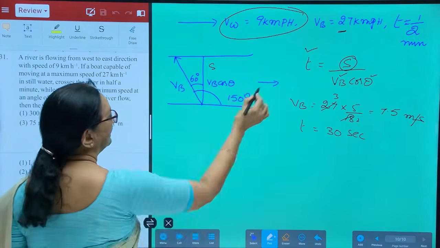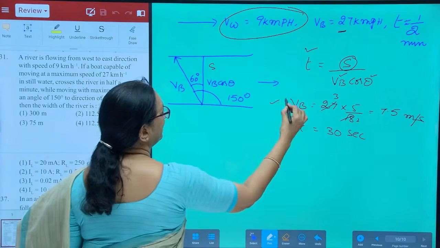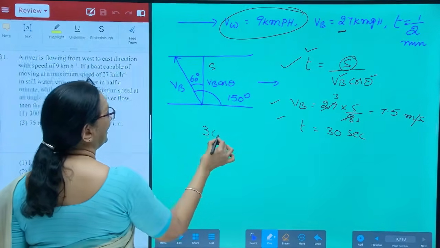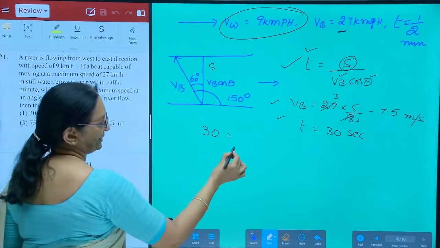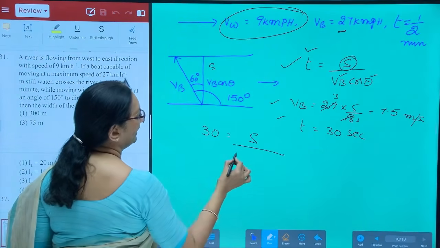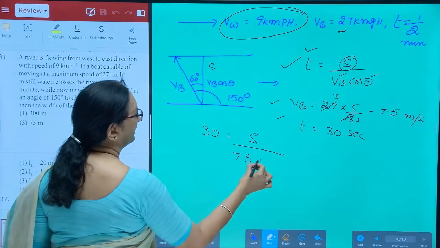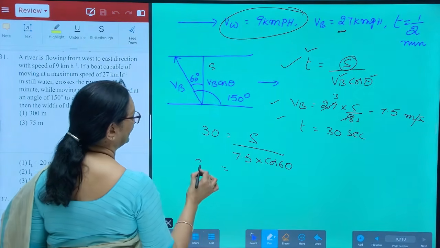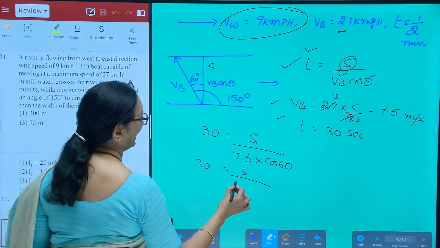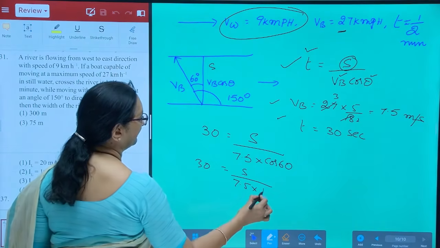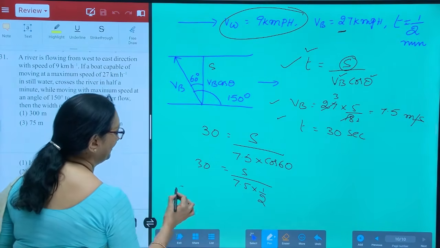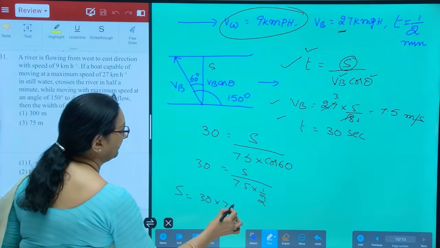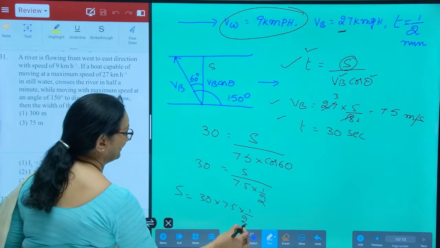Now, substituting these values in this expression, T is equal to 30, S we do not know, and VB is 7.5, into cos theta, theta is 60. So, 30 is equal to S by 7.5 by 2. So, S is equal to 30 into 7.5 into half.